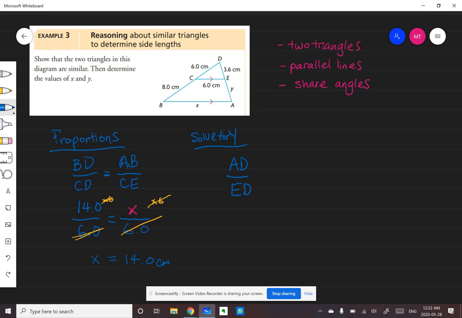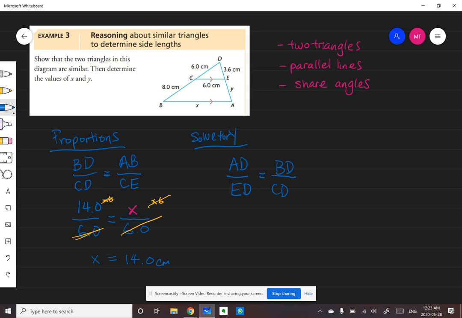And then, again, we have to stay consistent to the triangle. So I used the large triangle in the top value and then the smaller one on the bottom. And if you switch those up, that's totally fine too, as long as you stay consistent. So let's use BD, that's this segment there. And then we can use CD, which is this smaller segment. And let's plug in some numbers.